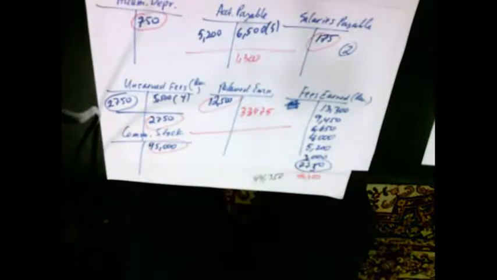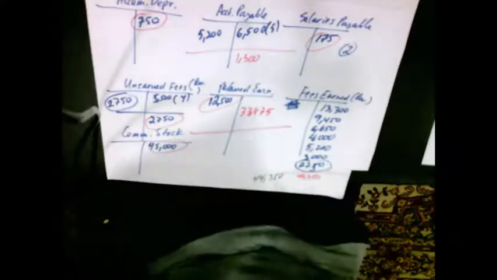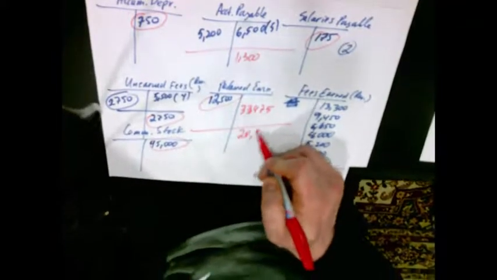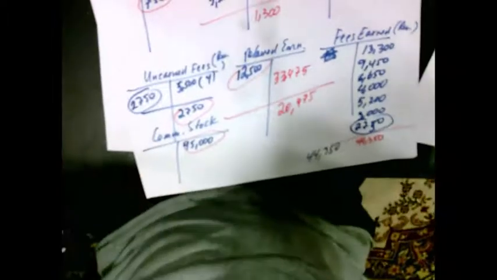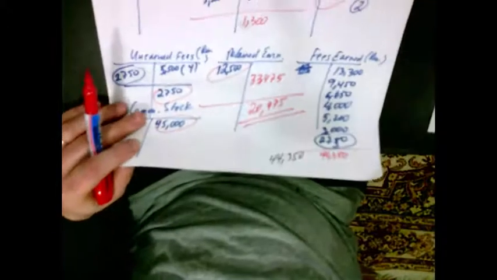And that retained earnings balance is 2975. That's what goes onto the balance sheet after everything gets closed.